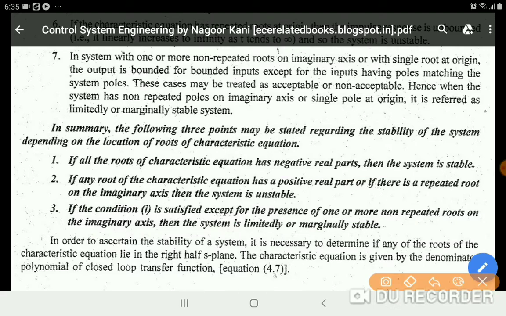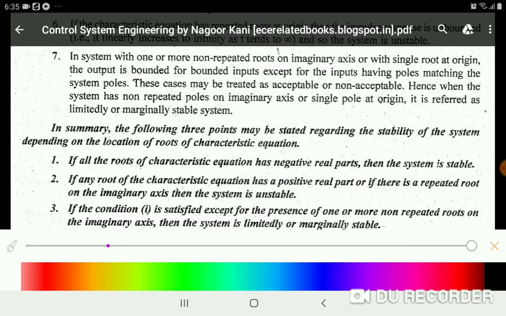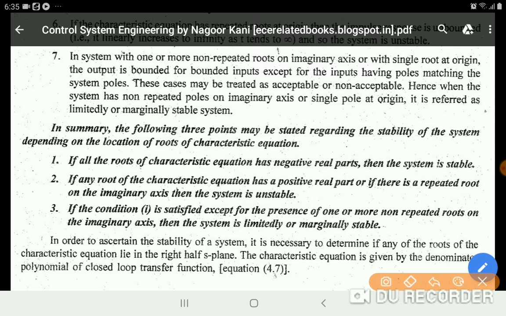So there are three conditions, keep it in your mind: when the system is stable, when the system is unstable, and when the system is limitedly or marginally stable.